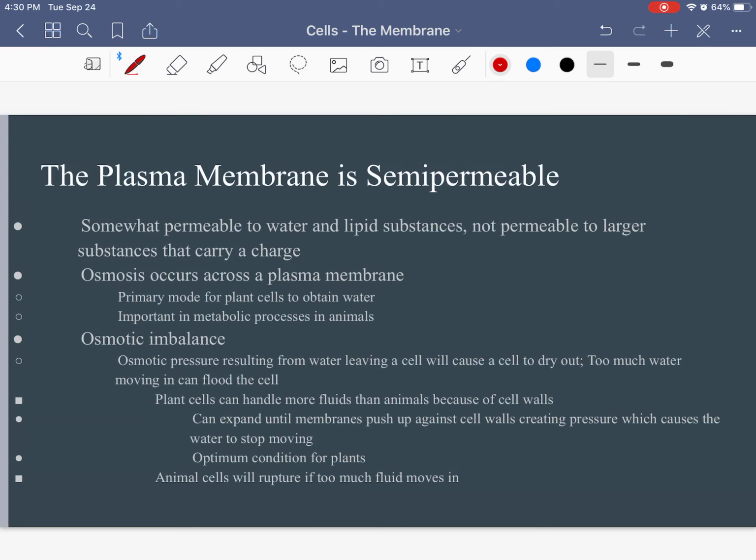All right. So when we talk about semi-permeable, it means somewhat permeable to water and liquid substances, but it is not permeable to larger substances or substances that carry a charge. So osmosis is the movement of specifically water. We're not looking at the movement of solids with osmosis, we're looking at the movement of water.